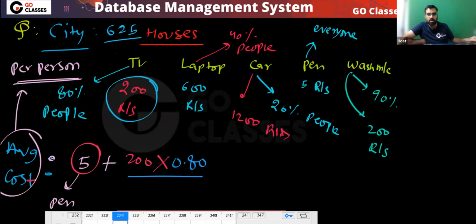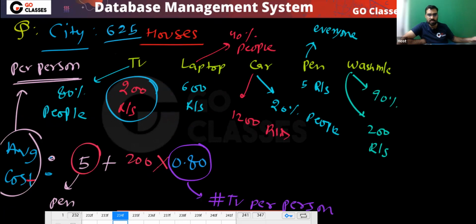Sorry, 200 rupees for one TV. So one person will spend 200 multiplied by 0.8 TV, because this is the number of TV per person and this is one TV cost.